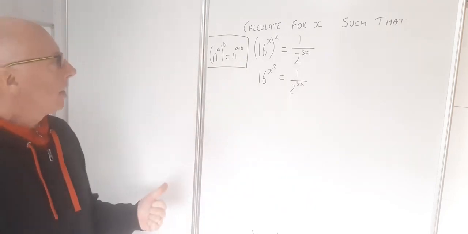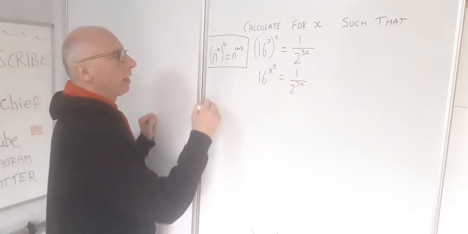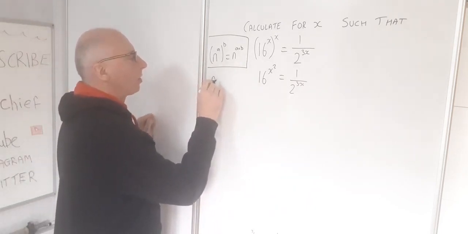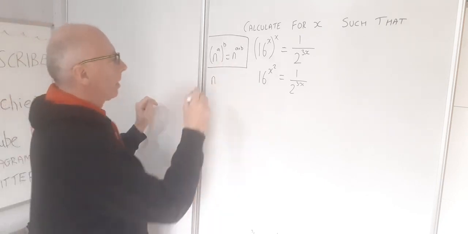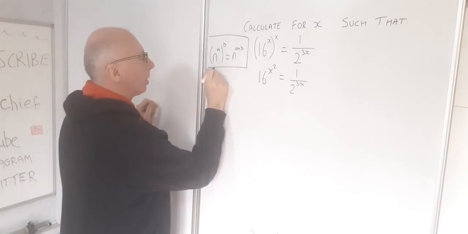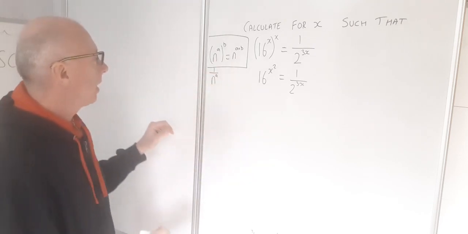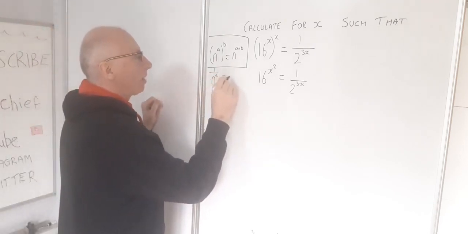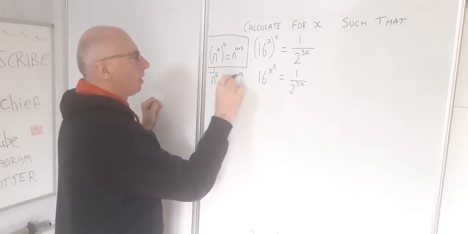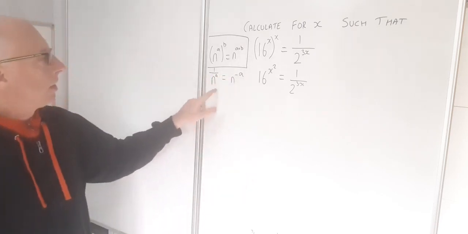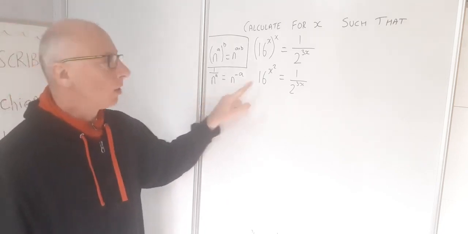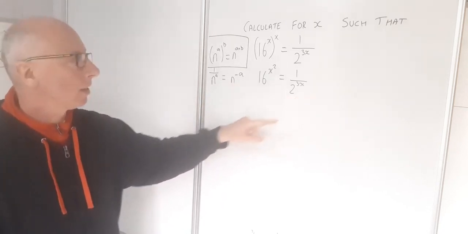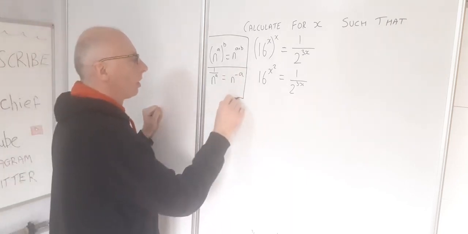Okay, now the next indice law we can look at is if we have a number n to the power of, let's say, call this a again, and it's a reciprocal. So we've got 1 over n to the a. This is the same as saying n to the minus a. So that is also another reciprocal and indice law together that we could apply for the right hand side of our equation.